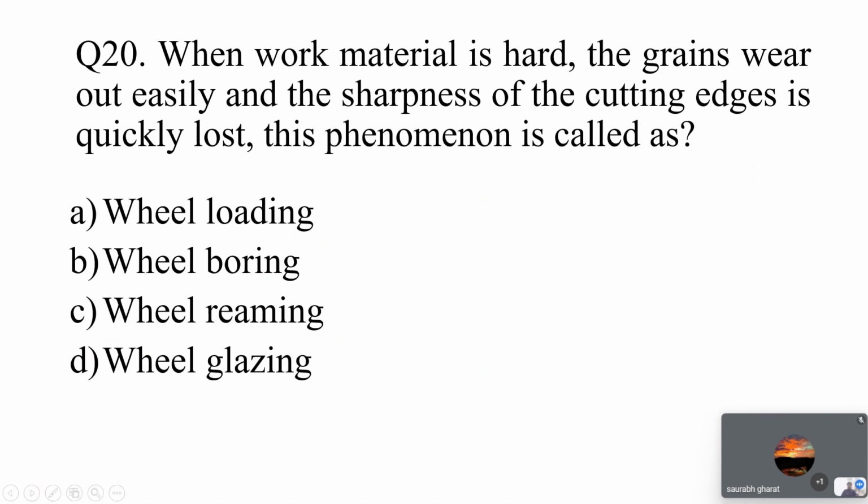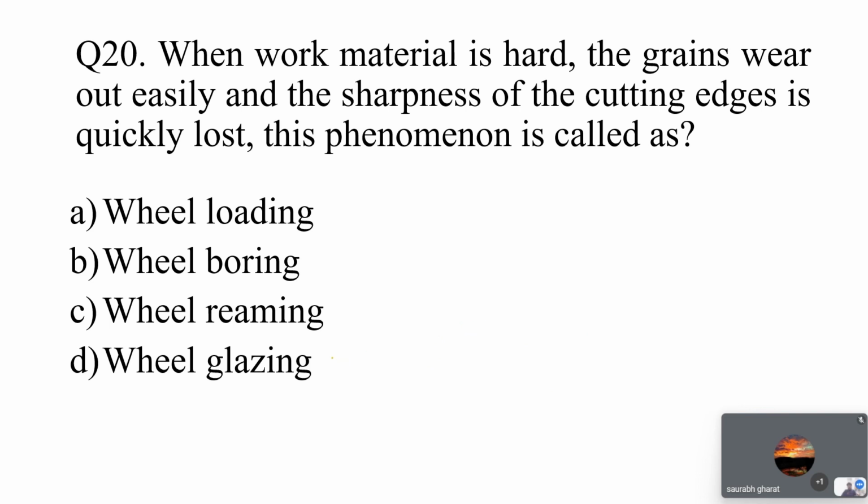When the work material is hard, the grain wears out easily, and the sharpness of the cutting edge is quickly lost. The phenomenon is called what? What will happen when the edge becomes blunt due to constant rubbing? The grain will become blunt, and what happens next? It will be glazed, meaning a shiny surface will appear.